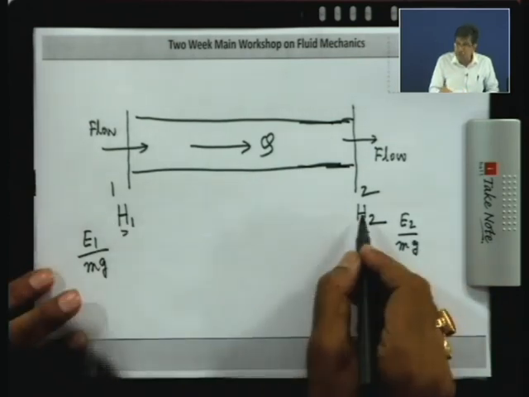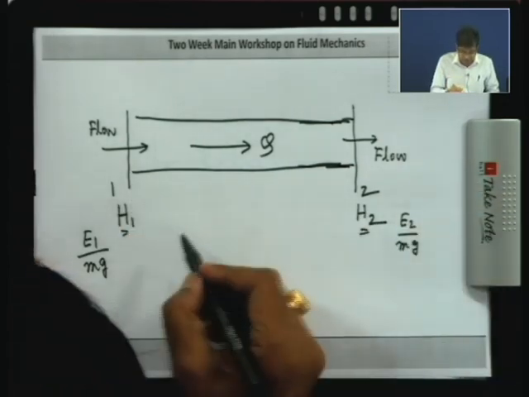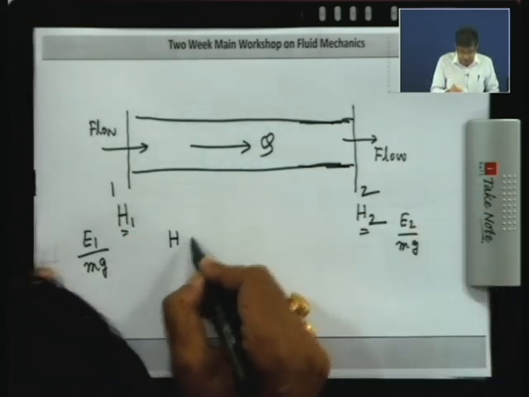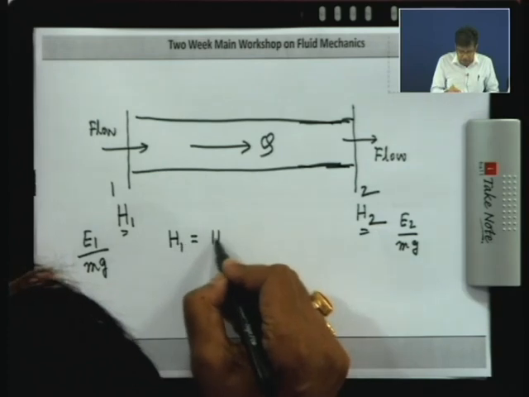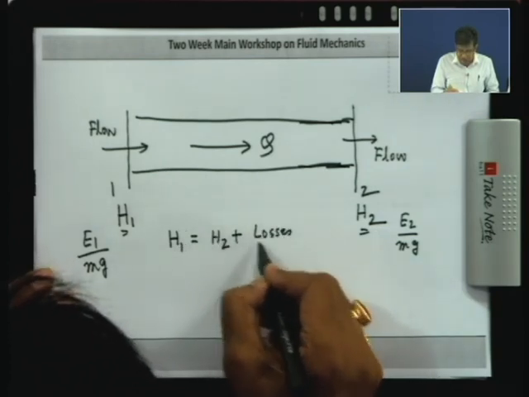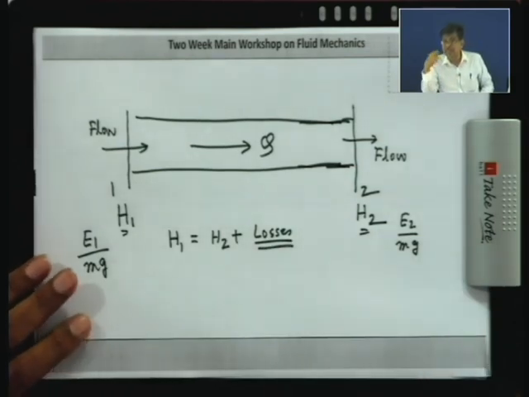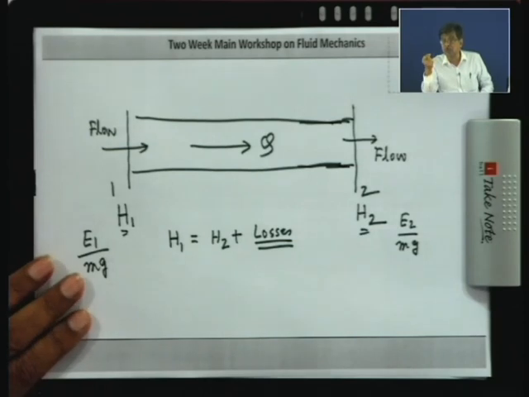So, if you speak in terms of the energy per unit weight, it can also be energy per unit mass. So, this H1 is equal to, by the conservation of mechanical energy, plus losses. This is the mechanical energy which is being converted by the friction of the fluid into intermolecular energy. That conversion we call loss, and in scientific terms we say the mechanical energy is dissipated into intermolecular energy, sometimes loosely called heat.